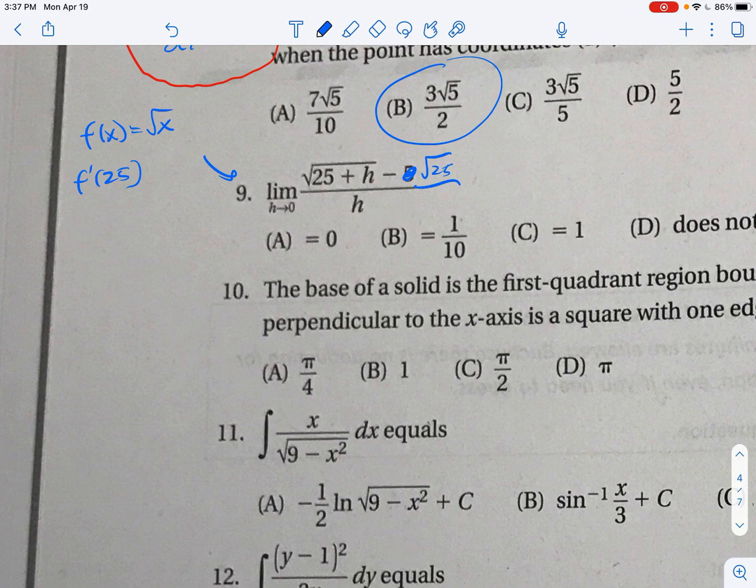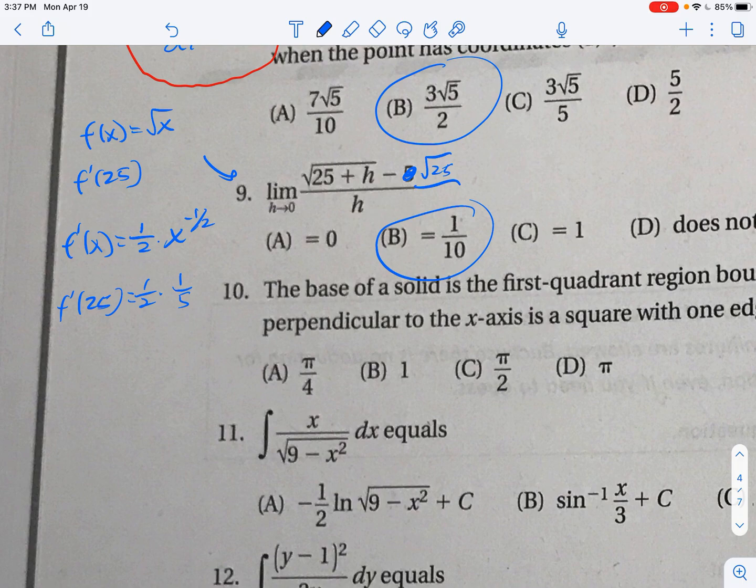By the definition of the derivative, that's what the derivative is actually calculating. And that is a pattern you really ought to know. So by our shortcut, the derivative here is 1/2 times x to the negative 1/2. If I plug in 25, I would have 1/2 times 1/5, which is 1/10, which is B.